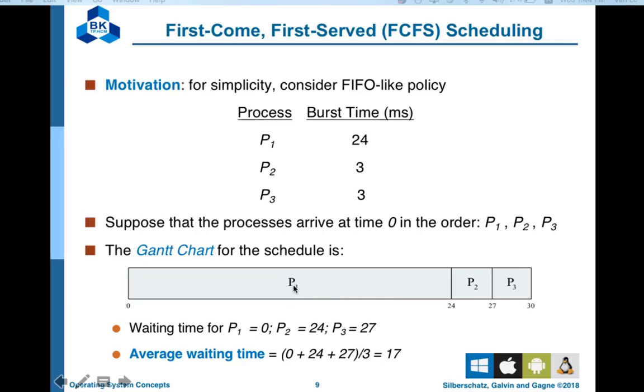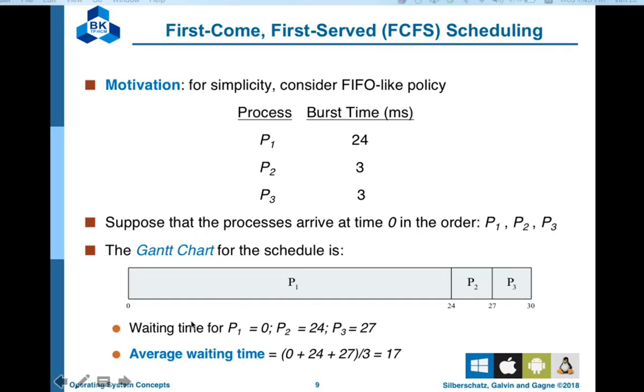For example, P1 will begin at 0 and end at 24 because this process needs 24 milliseconds. So P2 and P3 must wait for P1 to end. Then P2 begins and executes for 3 milliseconds. After that, P3 runs.